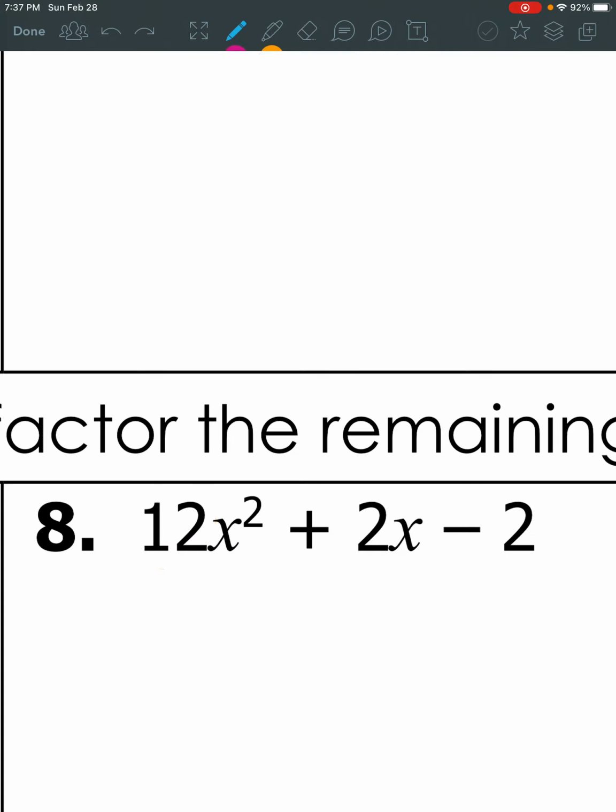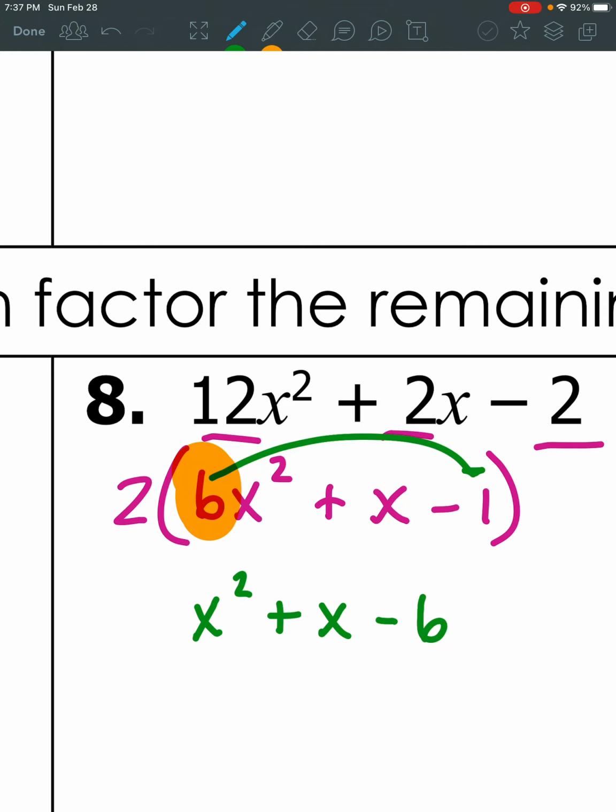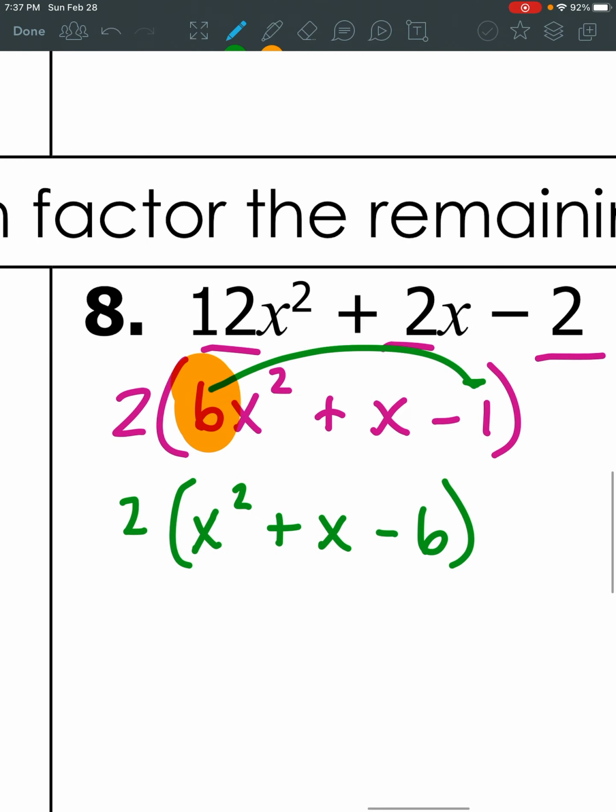Now we're going to do that slip and slide method. So positive 6, we're going to slip down here. And we're going to rewrite this as x squared plus x minus 6. And I'm going to make sure I bring down that GCF. So now we are going to factor this. The C term is a negative 6.